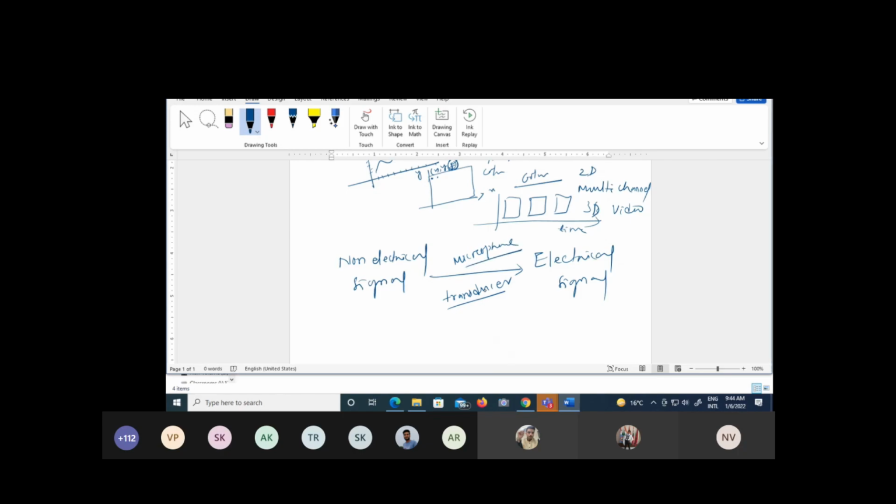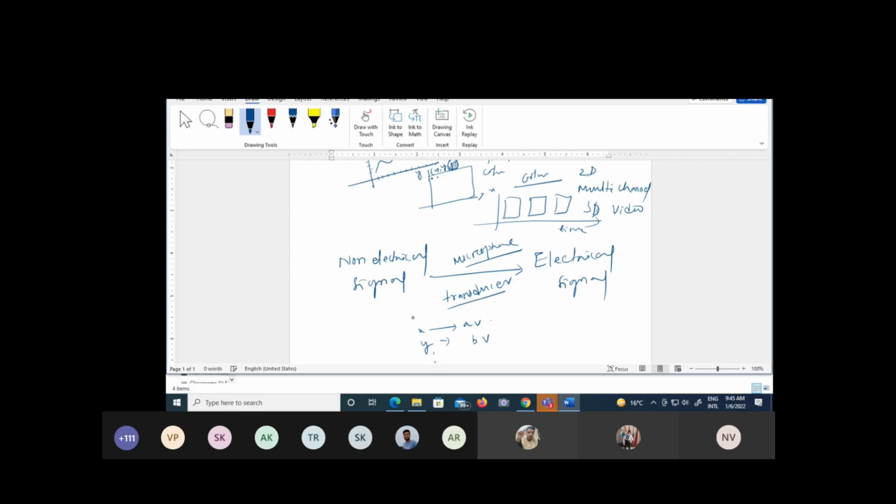The microphone is nothing but a transducer, having a pressure sensor. It will sense the pressure of the air expelled through your vocal cord and convert that pressure into electrical form. Suppose X amount of pressure is represented as A volt, and Y amount of pressure is B volt.